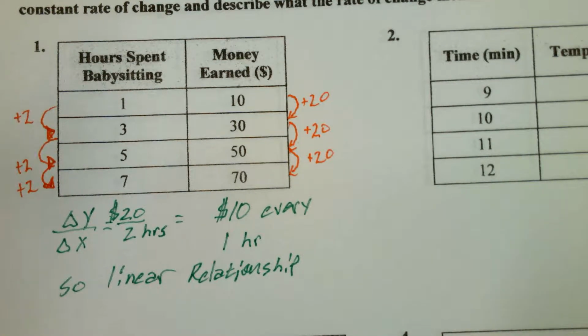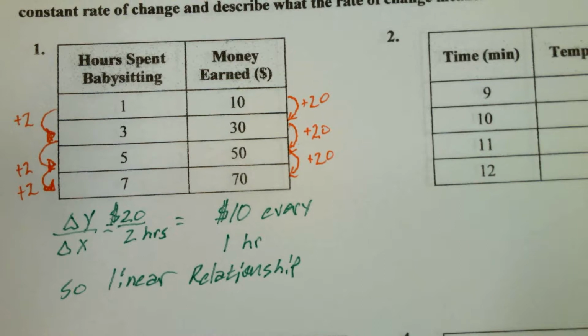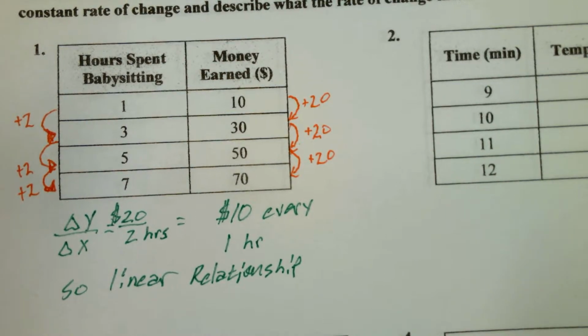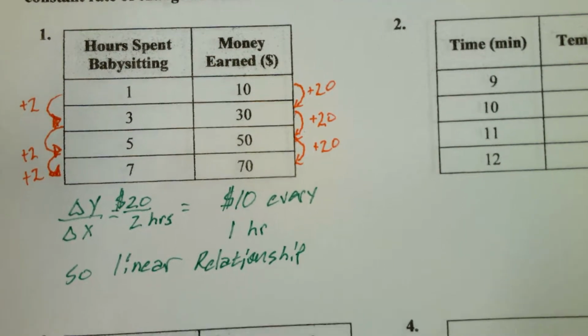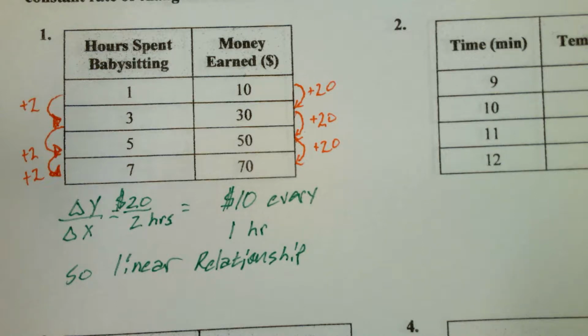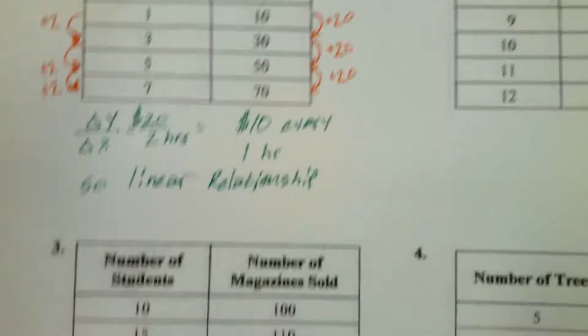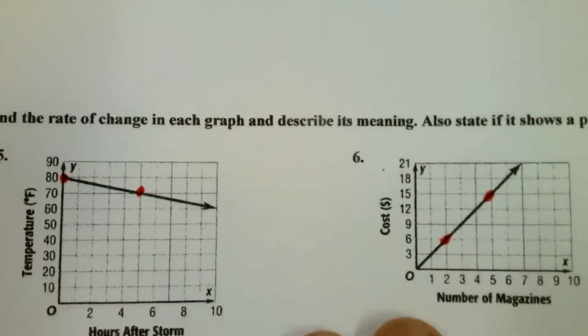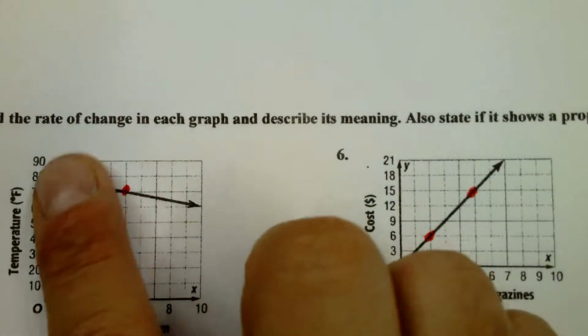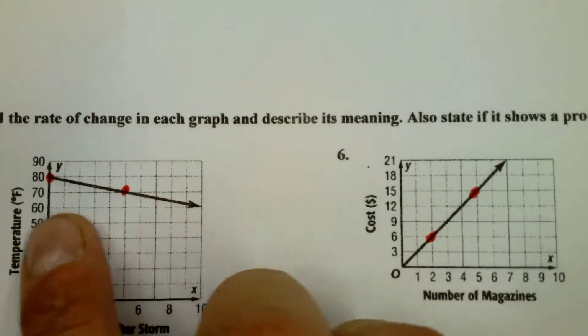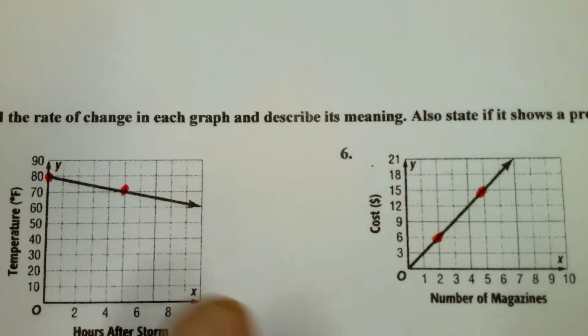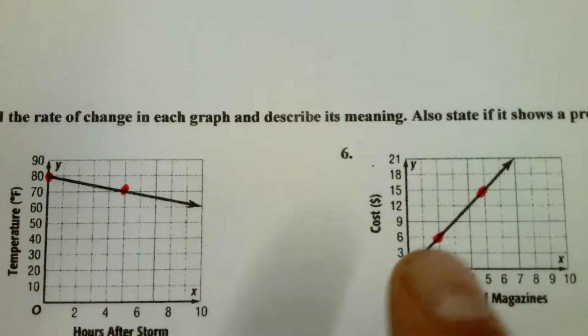Okay? Now look at the two graphs at the bottom. Do you notice they didn't give you 2 points like we had in the notes? So what I recommend is pick a couple points. I picked 2 that you can use if you like here, and then 2 here.